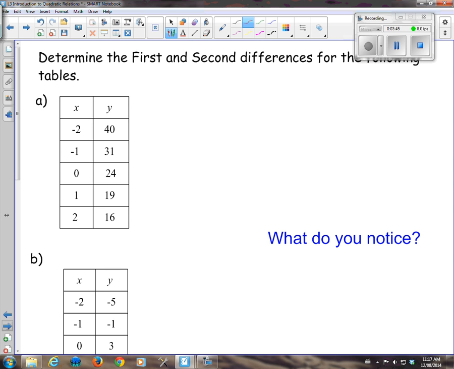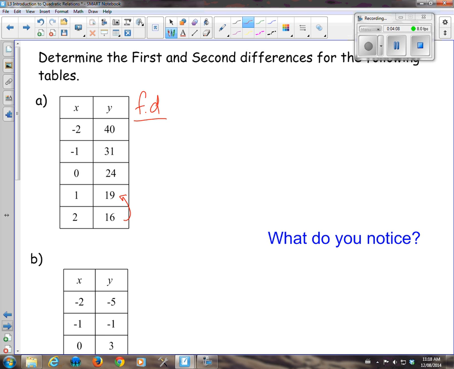Another way to tell whether a graph is a quadratic or a linear relation is by the table of values. We talked about first differences the other day when we were reviewing concepts. First differences come from subtracting our y values, starting at the bottom of our table.